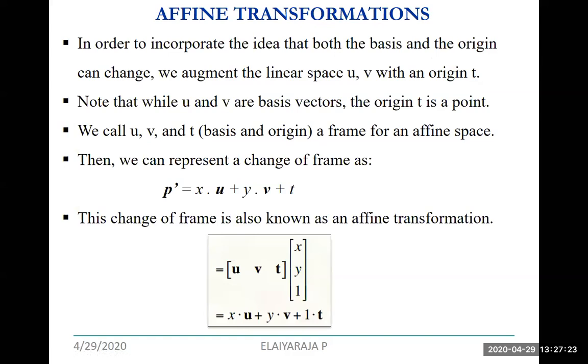While u and v are basis vectors, the origin t is a point, so we can call u, v and t, basis and origin, a frame for an affine space, where you can write the new affine space value as x times u plus y times v plus t.